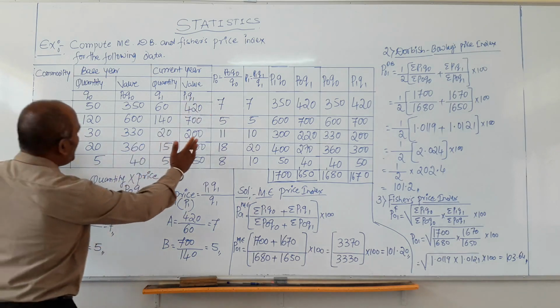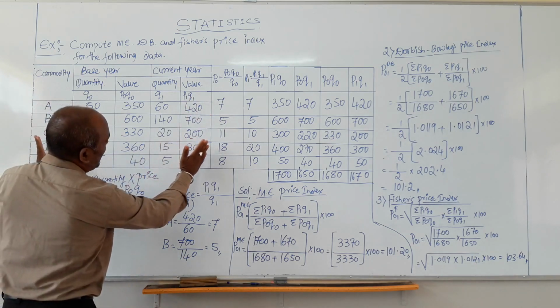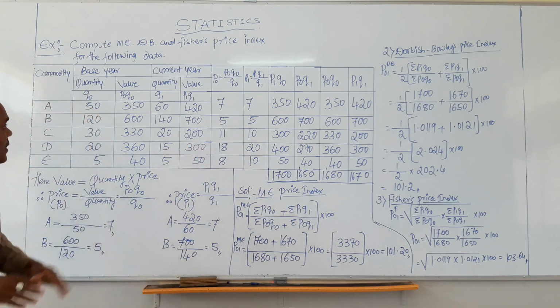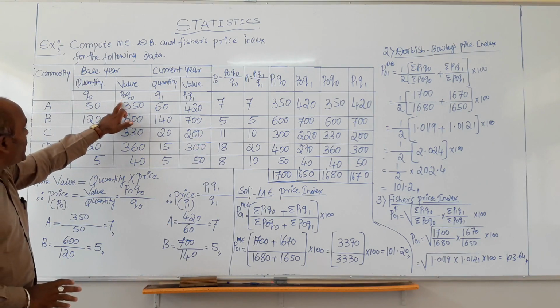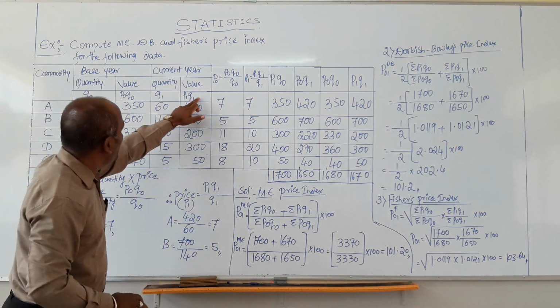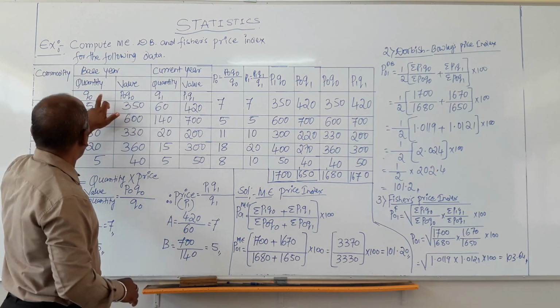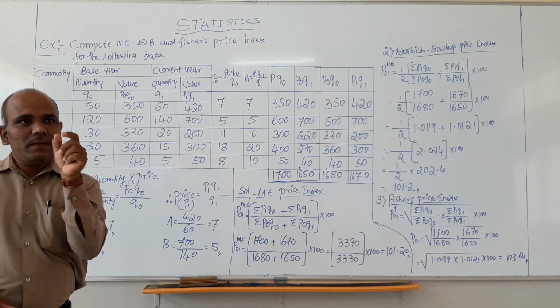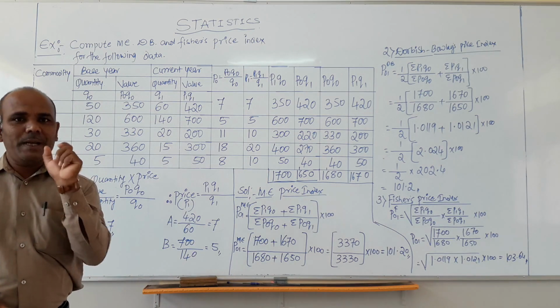So with the help of this information, we have to calculate. We already know P0 Q0 and P1 Q1, and also Q1 and Q0. It means we need the individual quantities.